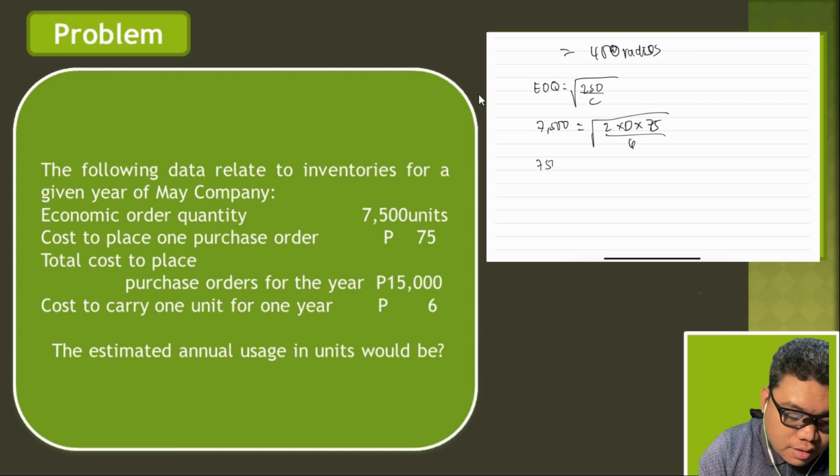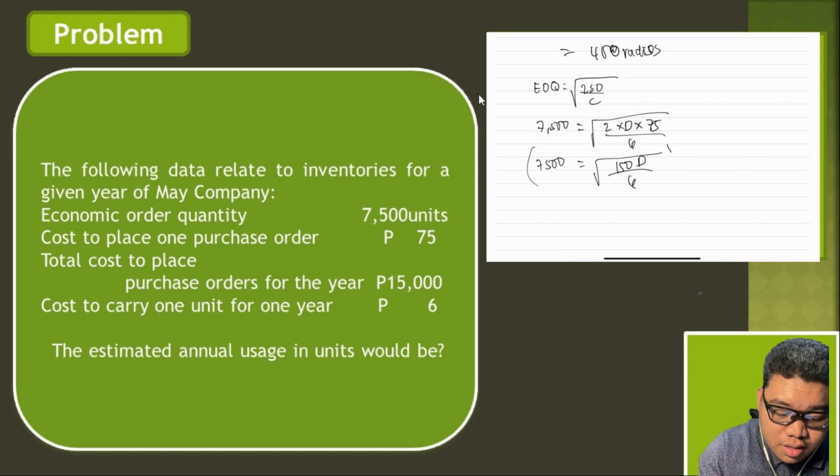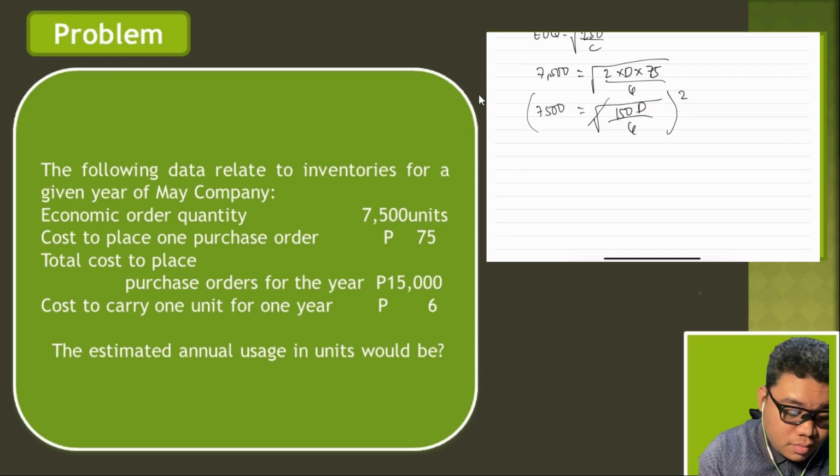So that is 7,500 is equal to square root of 2 times 75, which is 150D over 6. So we square the entire equation so that we can remove the square root.